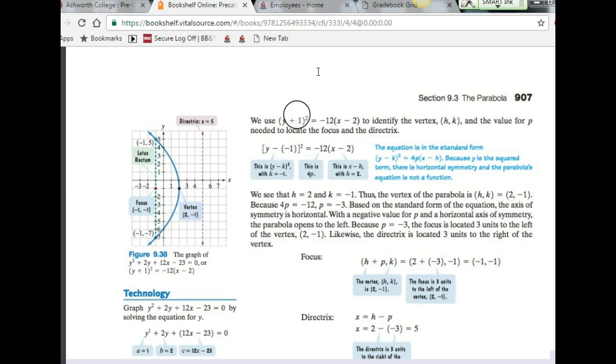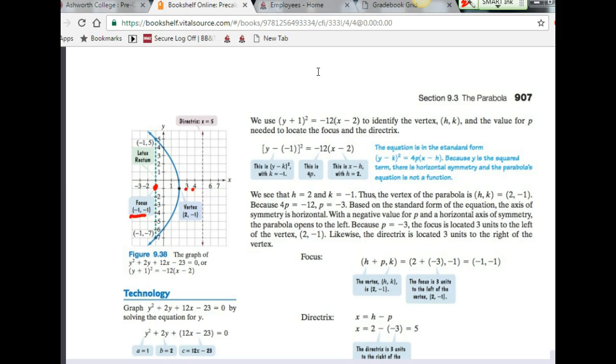And again, because the y value is being squared, I know it's a left and right parabola. I also know from that chart on the previous page that when p is negative, it's going to open to the left. So from my vertex, I'm going to go 3 spaces to the left, and I end up with my focus being right there, which happens to be (−1, −1).